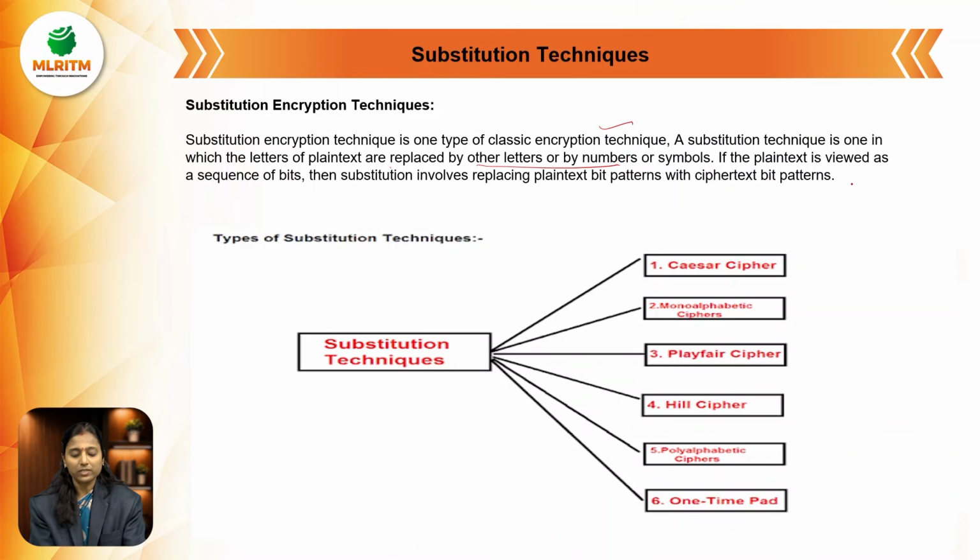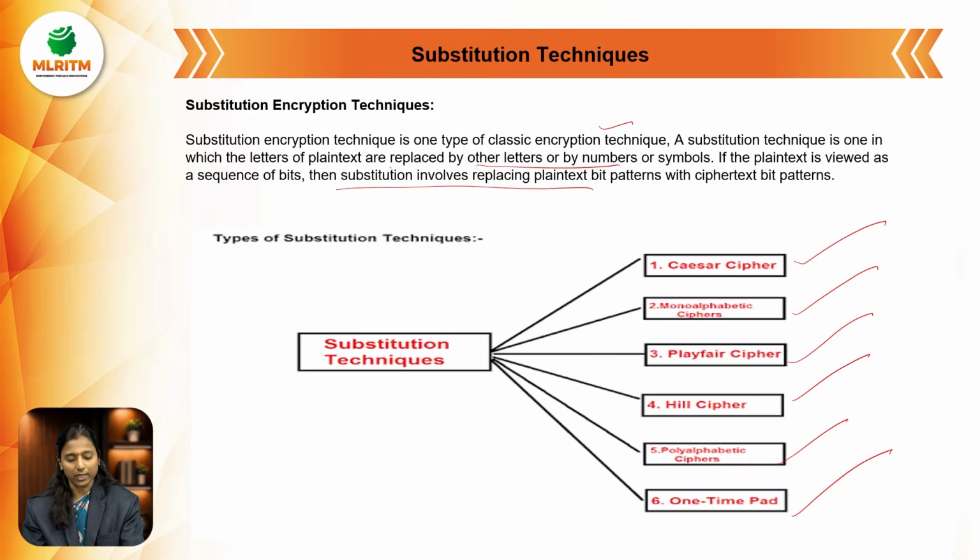If the plain text is viewed as a sequence of bits, the substitution involves replacing plain text bit patterns with cipher bit patterns. Substitution technique is divided into 6 types: Caesar cipher, monoalphabetic cipher, Playfair cipher, Hill cipher, polyalphabetic cipher, and one-time pad cipher. These are the 6 substitution techniques.